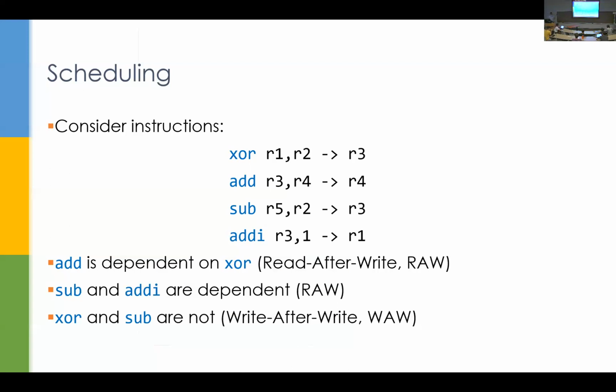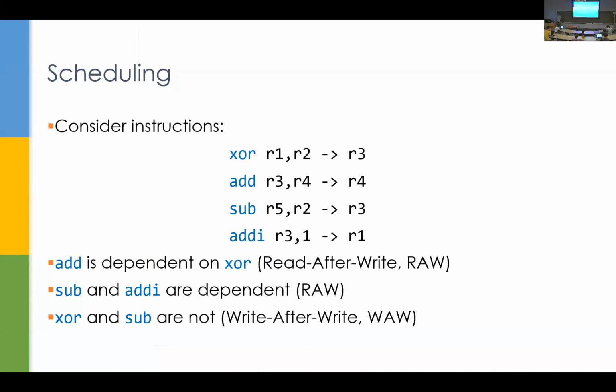So the result of XOR is required for add. The subtraction and add I are dependent again because of the same read after write. So you have to execute sub before add I. But this XOR and this sub are completely independent.